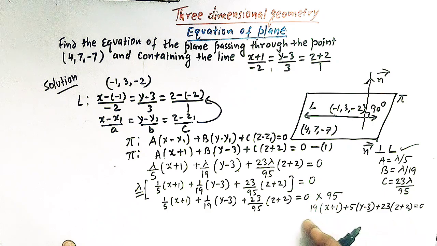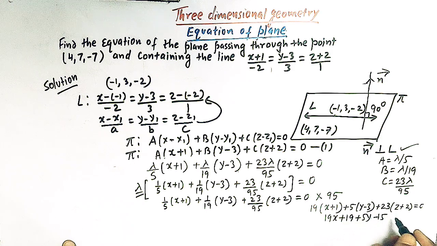So now simplifying this expression, we have now a 19x plus 19, then we have 5y minus 15, and then 23z plus 23 times 2 is 46, and this is equal to 0.